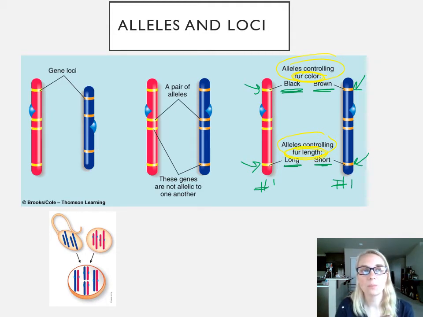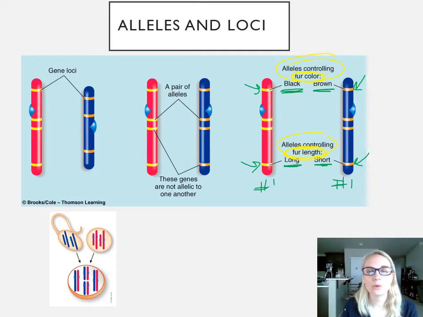And then of those two genes, there's a couple different versions for each gene. So fur color, you could have black or brown. For fur length, you could have long or short. And we don't know in this particular picture which is dominant and which is recessive. We just know that those are two options. We're not given that further information.